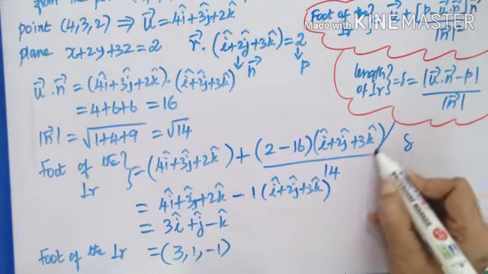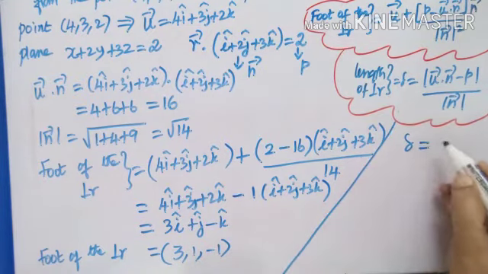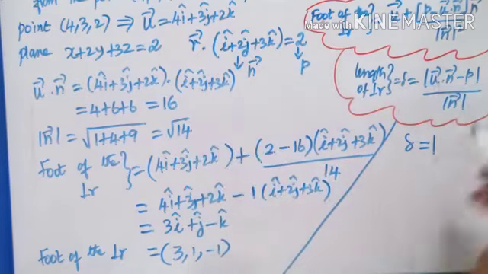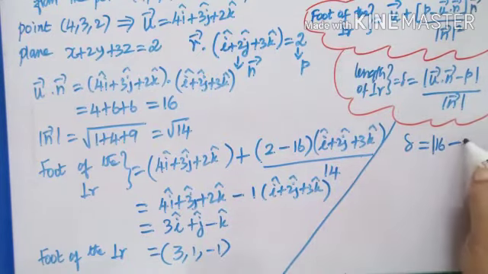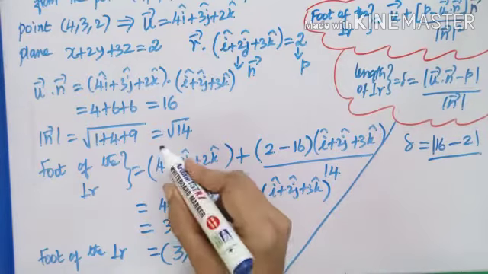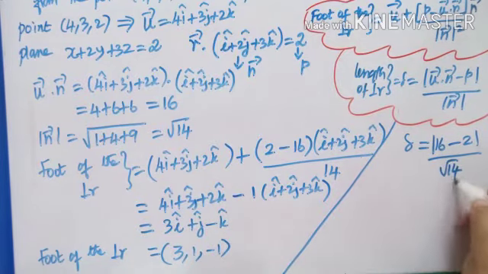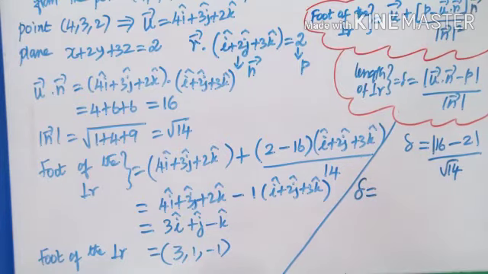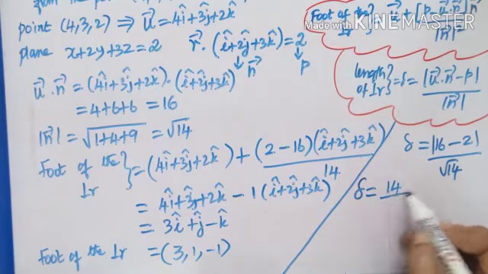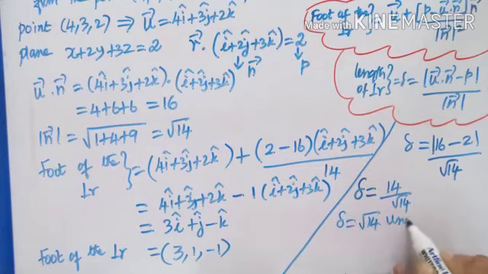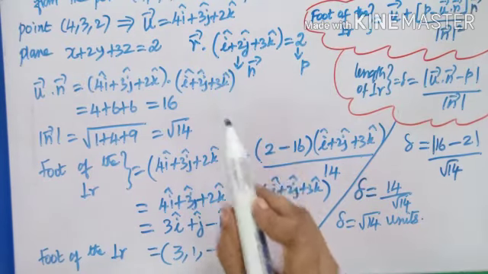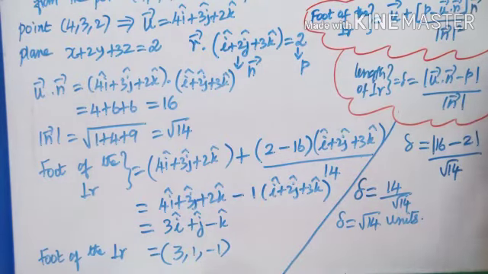So that is del equals, already we have found out all this here. u dot n is 16, p value is 2, divided by modulus of n, which is root 14. So I get del is equal to 14 by root 14, that is root 14 units. So we have found out foot of perpendicular and length of perpendicular using a formula.